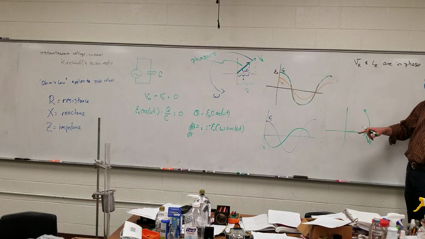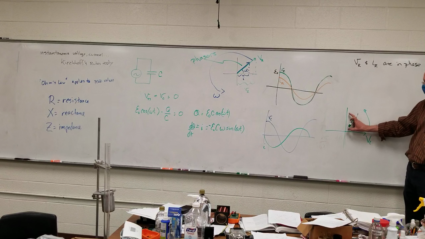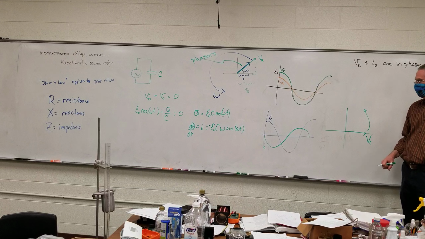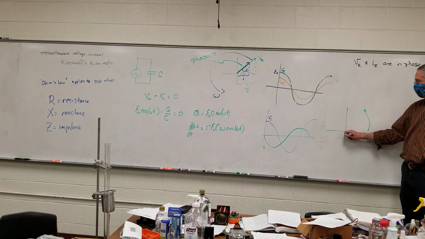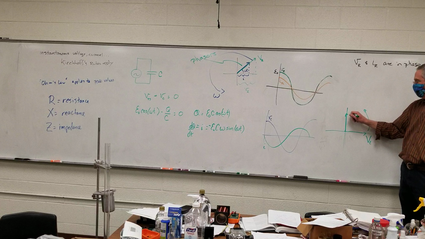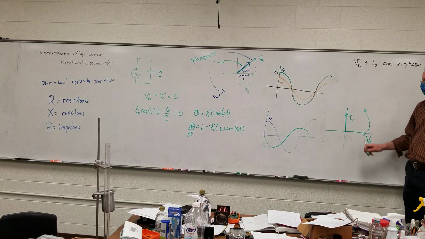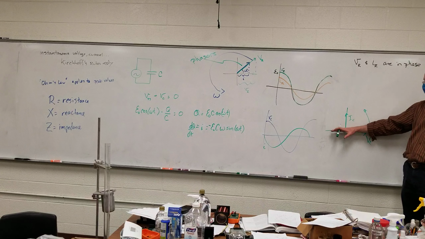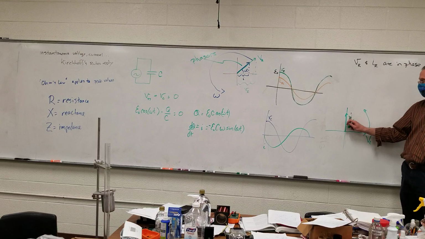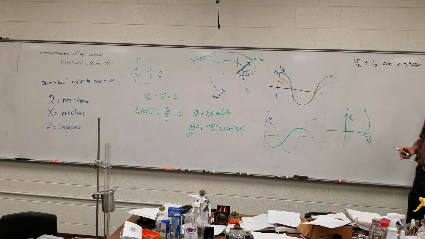But my current starts at 0, which means it's either pointing up or pointing down, but it immediately goes negative, and so my current phasor is pointing up. Because again, the instantaneous value is the projection onto the horizontal axis, and so right after it begins, my current is negative.